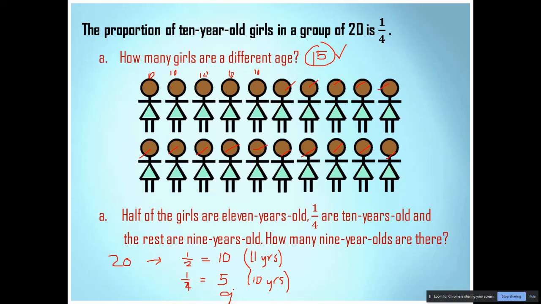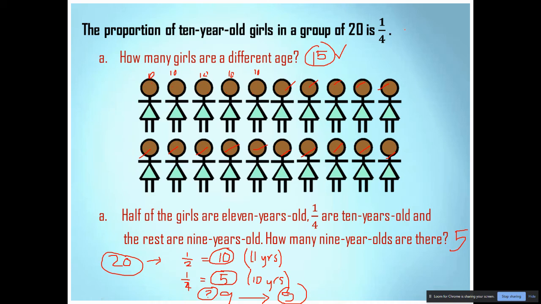Okay, so the problem is how many 9 years old are there? So if we already have 10 as 11 years old and 5 as 10 years old, how many are 9 years old? We only have 20 students, so 20 minus 10 is 10. 10 minus 5 is 5. So the remaining number of 9 years old are 5. So there are 5 9 years old.